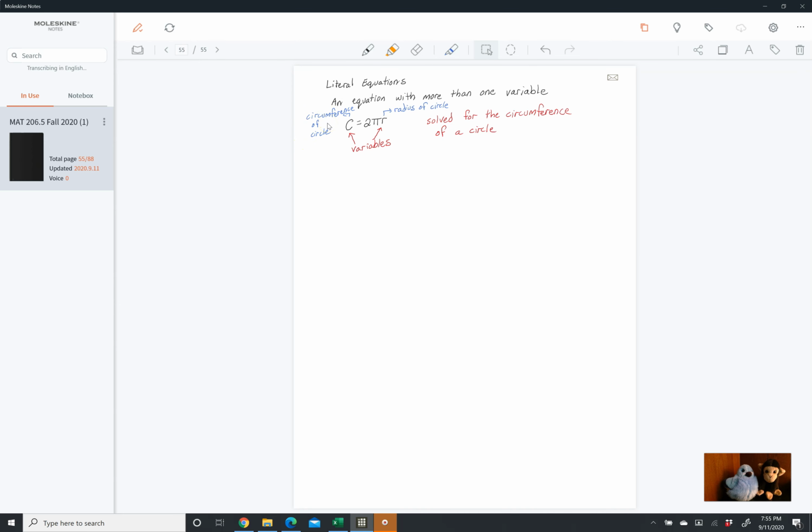Now, the thing about these literal equations is that sometimes you're given a different unknown. So instead of being given the radius, what if you were given the circumference? Okay, so let's take this C equals 2 pi r and let's solve it for the radius instead.